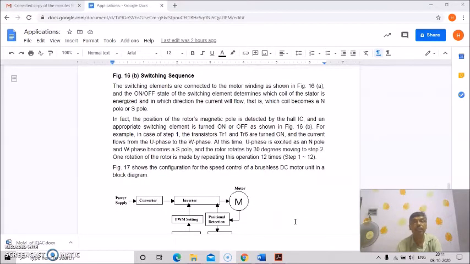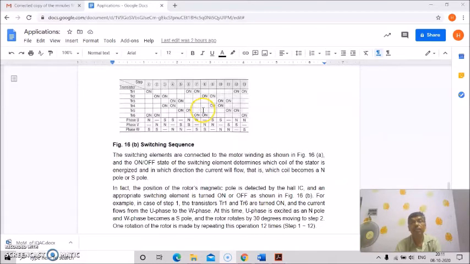In fact, the position of the rotor's magnetic pole is detected by the Hall IC, and an appropriate switching element is turned on or off, as shown in the switching sequence diagram in figure 16B.